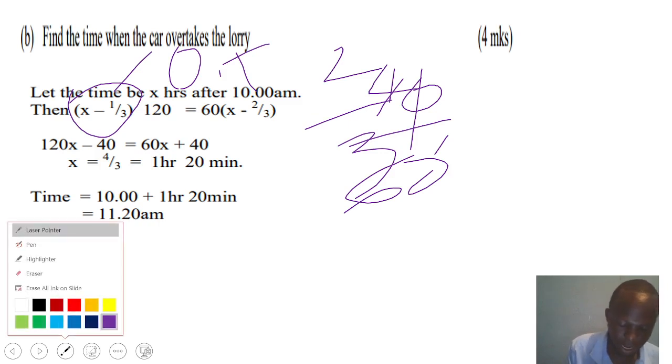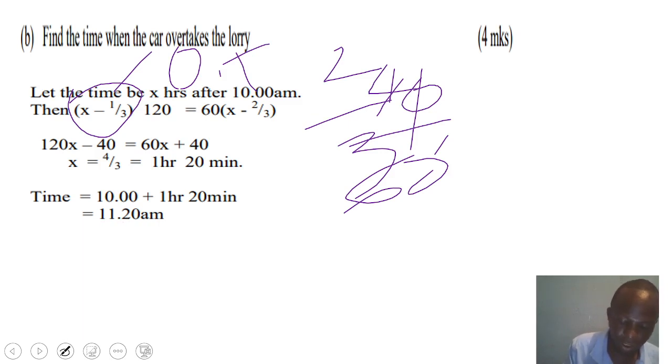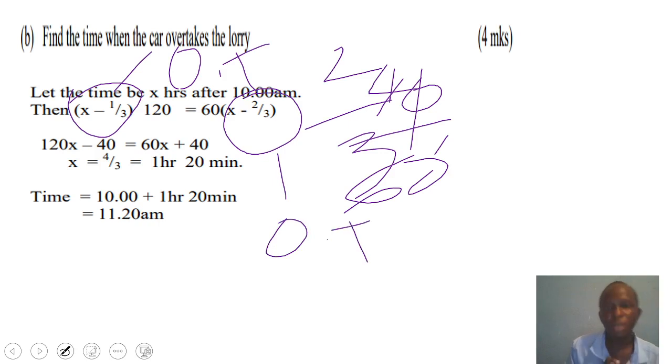Once again, x minus 2 over 3 is the overtaking time of the lorry, the time taken by the lorry to be overtaken.